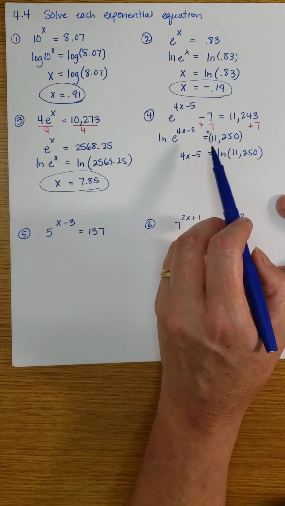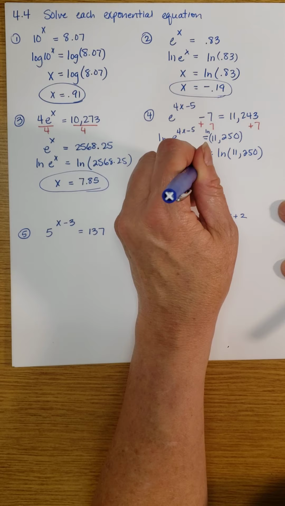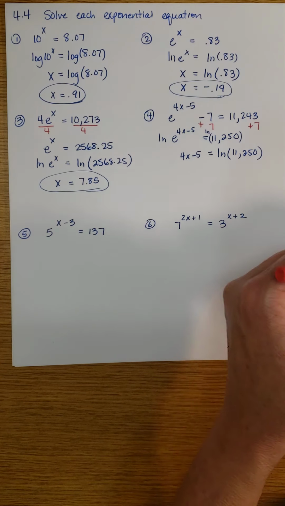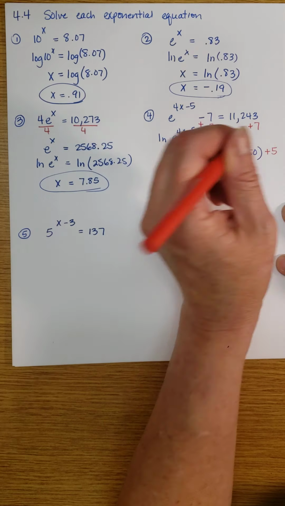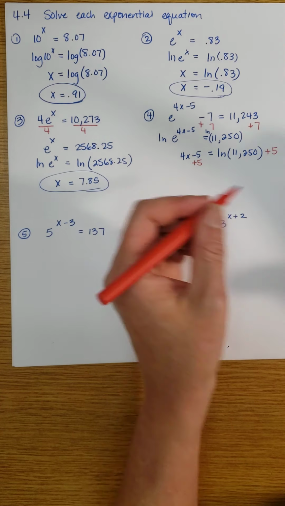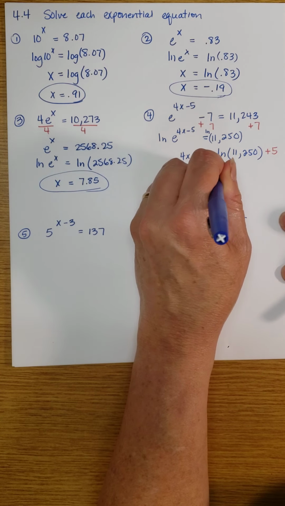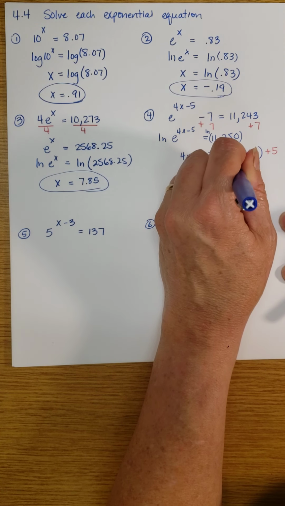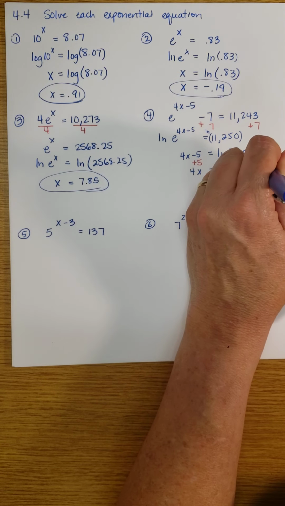Now, I'm going to go ahead and isolate the x before I do my calculation. So I'm going to add 5 to both sides. And then I'm going to go ahead and take the 4x, set it equal to the natural log of 11,250 plus 5.